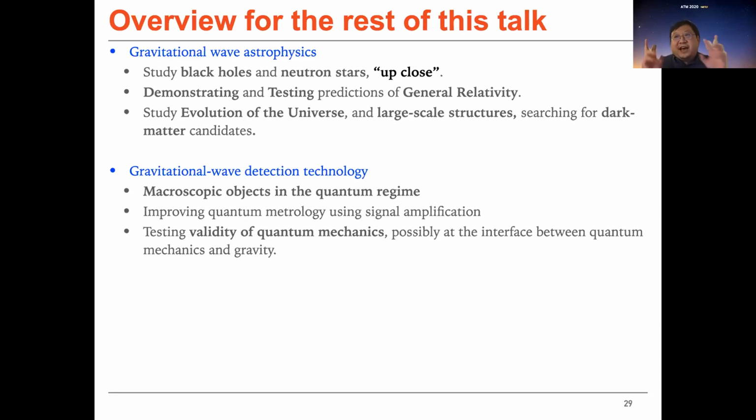If we don't see the echoes, then we will bound how black the black holes can be. And also, correlating with large-scale structures, trying to understand large-scale structures of the universe. And finally, the quantum technology in LIGO is at the frontier of understanding macroscopic quantum mechanics. Thank you.